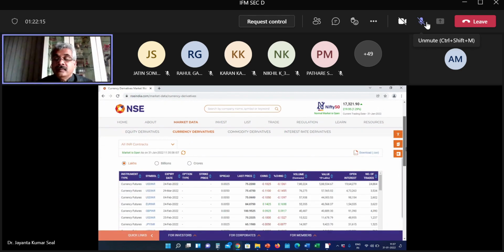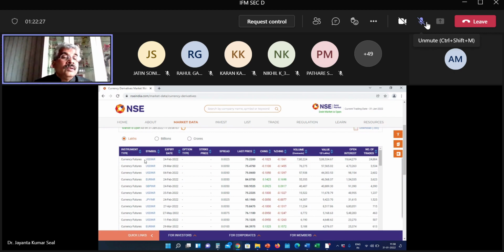Once you open the currency derivative market, you have this future contract. This is between US dollar and Indian rupee: US dollar Indian rupee, Euro INR, GBP INR. Now you have 1 month contract, 2 months contract, and 3 months contract.